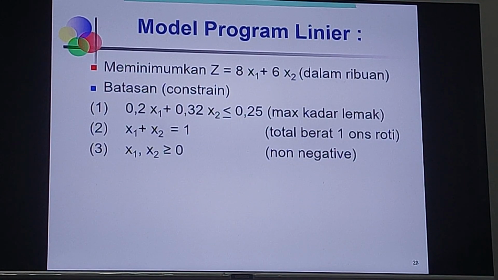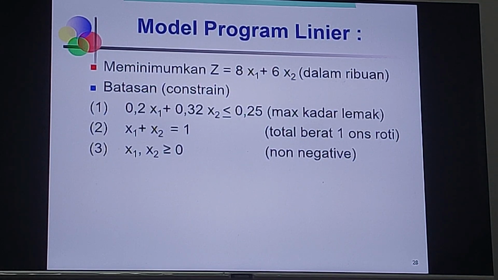Basically it's the same. We have an objective function, constraints, variables, and parameters. The cost and the percentage are parameters, constants. Maybe for non-linear, they have another constraint like inflation.